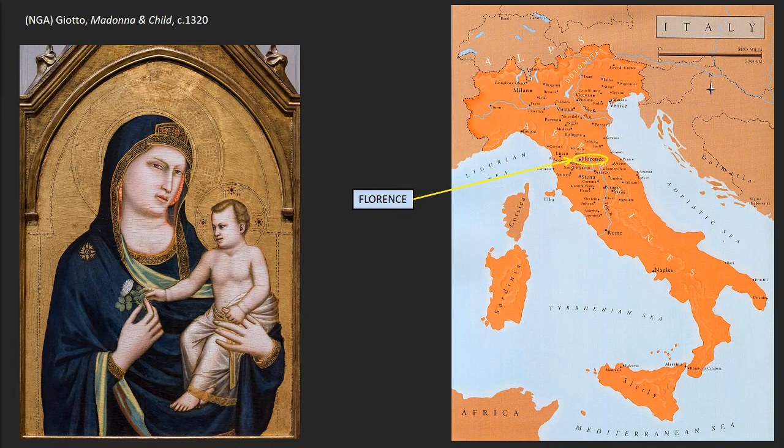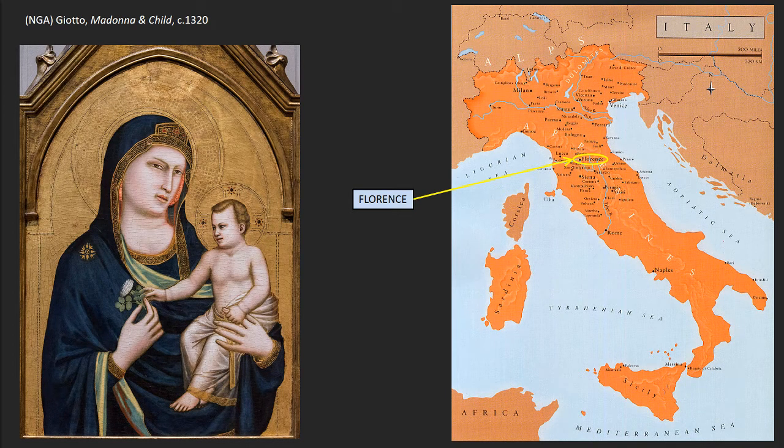Another way we can explain Giotto's change in style is to think about the area where he's working. I told you that he worked everywhere in Europe, like 7 or 8 different cities, right? But he remained located in the city of Florence, north central Italy.